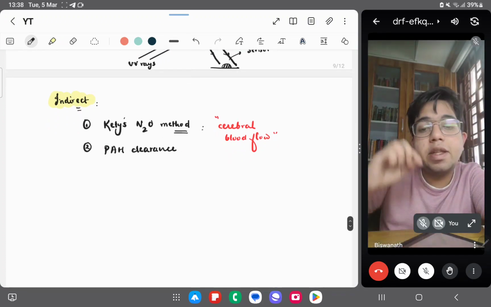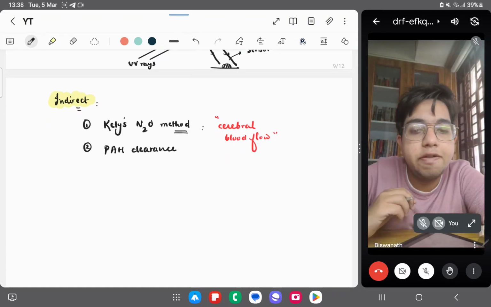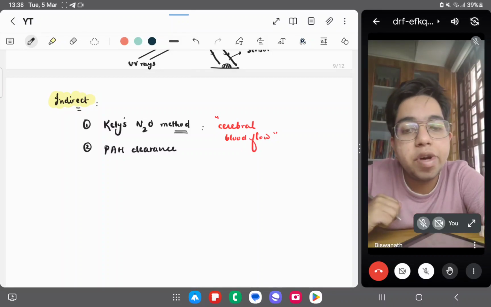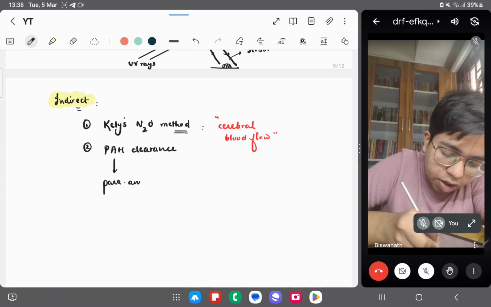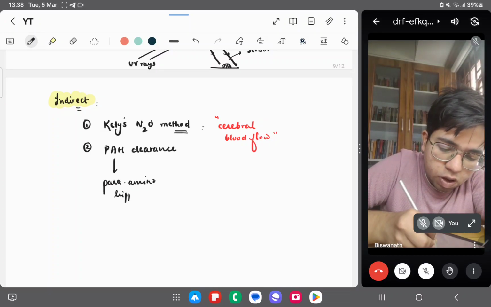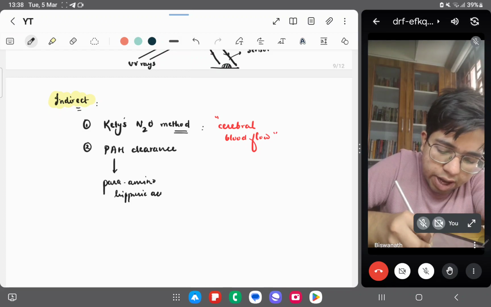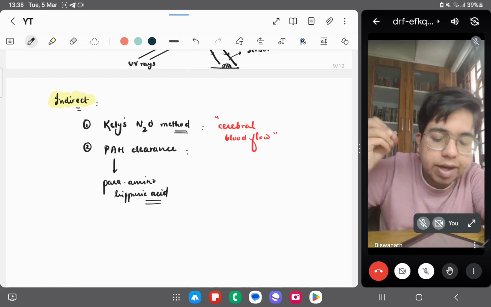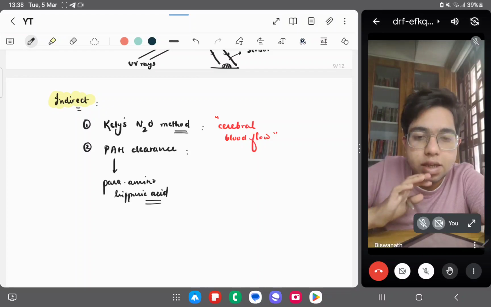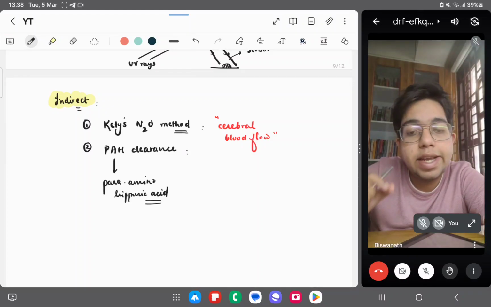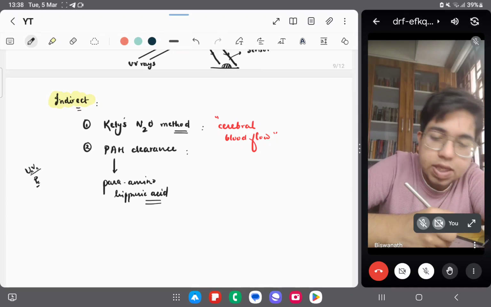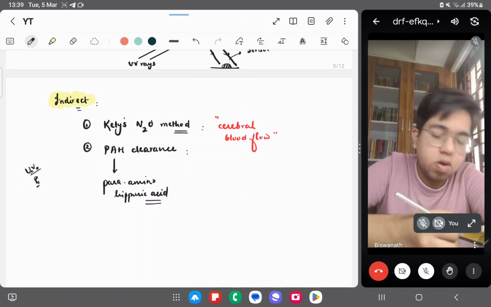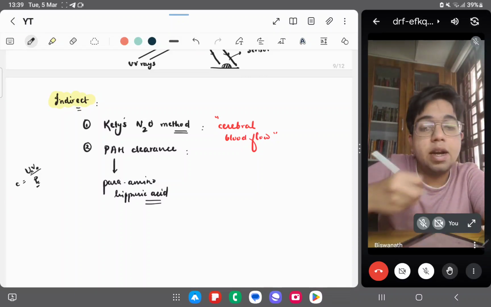Probably you have read PAH clearance in your renal physiology chapter, that is para-aminohippuric acid. Clearance is measured by UV by P. You know the formula; if creatinine is there, we use UC and V by PC.